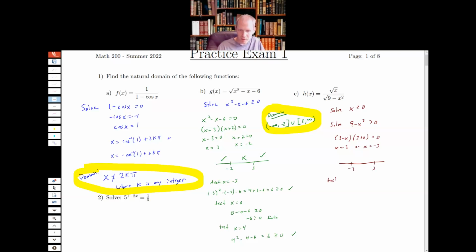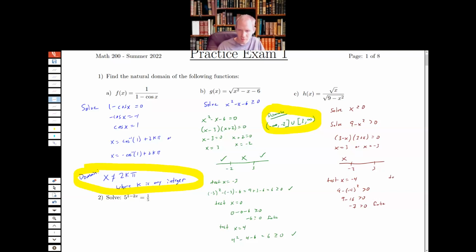So let's test x equals negative 4 and see, does this make my inequality true, right? 9 minus negative 4 squared, is that greater than 0? Negative 4 squared is 16, so I have 9 minus 16. 9 minus 16 is negative 7. Negative 7 greater than 0 is false. So the numbers over here are no good.